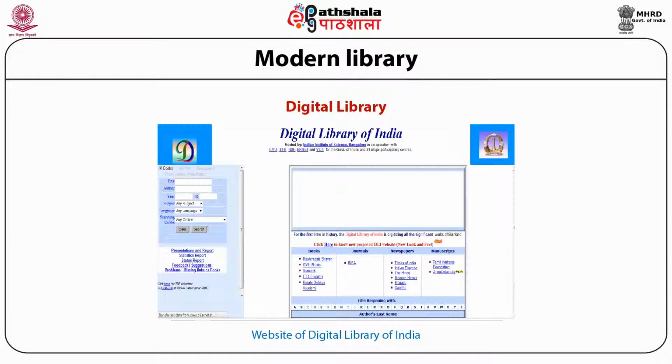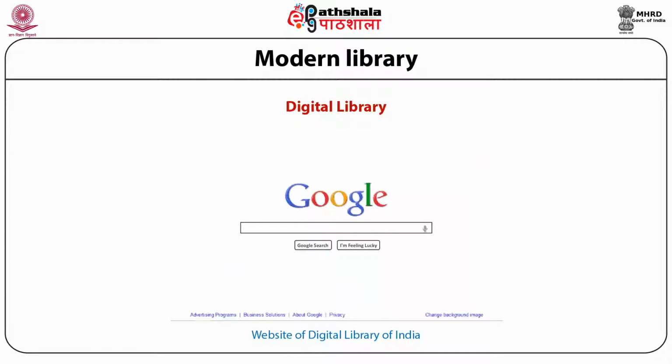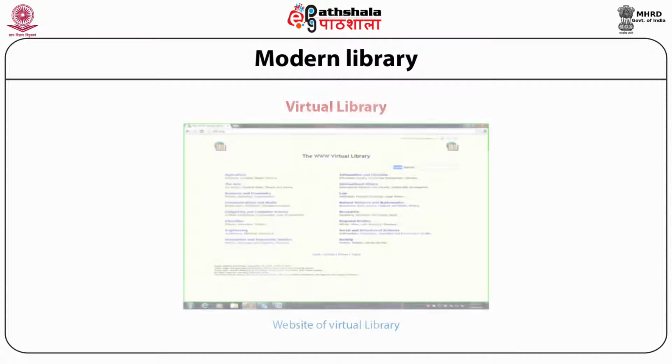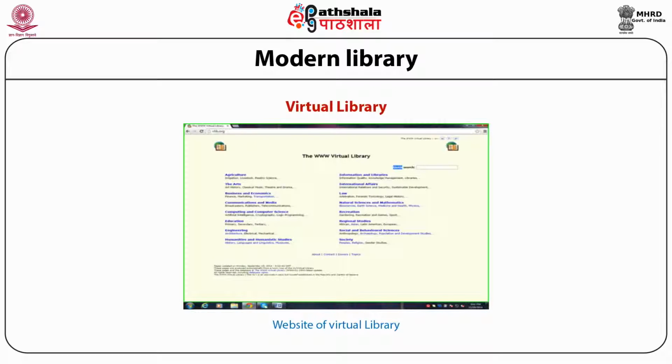In addition, the library provides links to 6 Indian online newspapers and all the journals published by Indian National Science Academy. In a virtual library, there is no physical collection of resources. The resources are stored in different servers around the world. A virtual library provides links to these resources by categorizing them and linking them from its website.